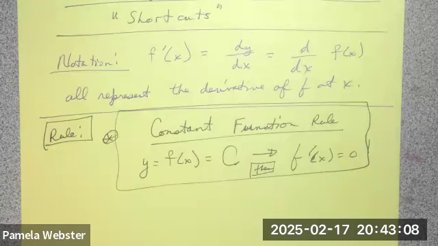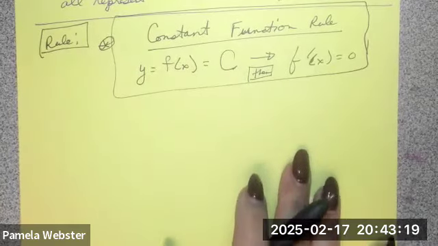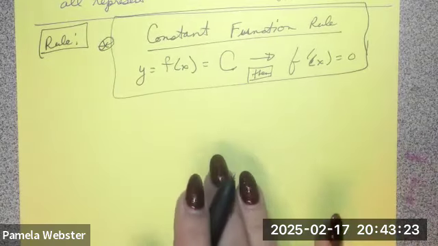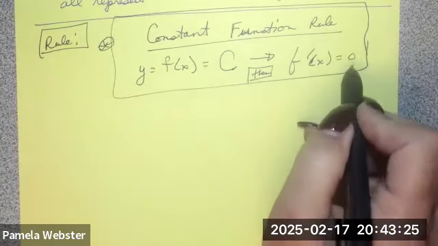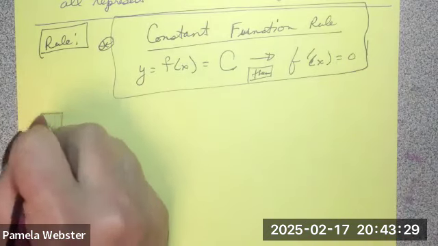So, in other words, if you start out with a function that is just some constant, what's a constant? A constant is any number, no variables. If you start out with some constant as your function, you automatically know you don't have to think about it. You don't have to work on it. You don't have to do any definitions. You know your derivative is going to be 0. So, what does that look like?